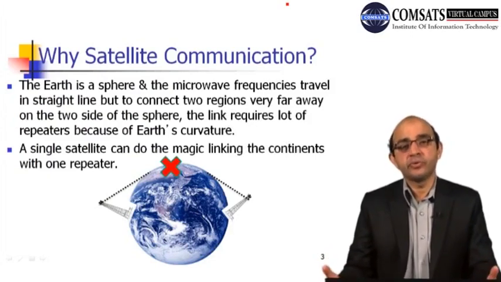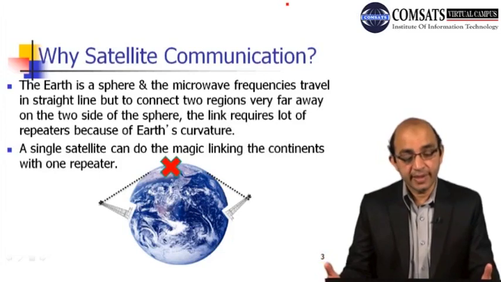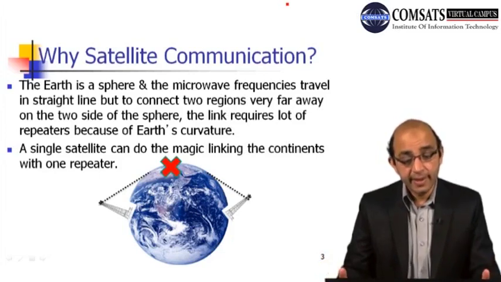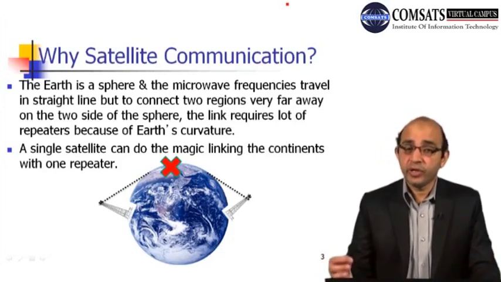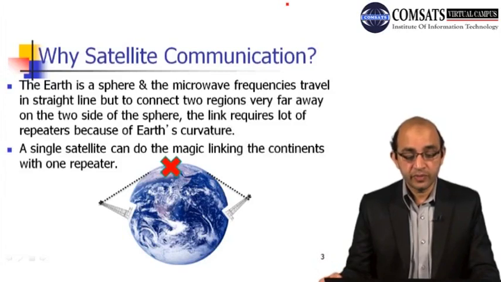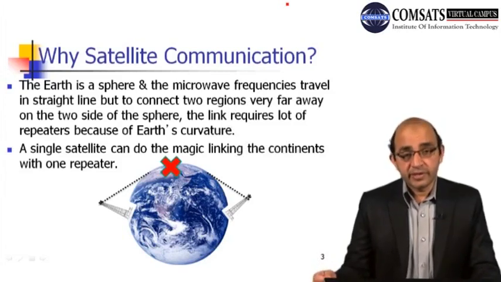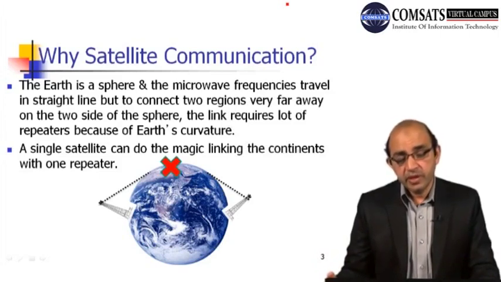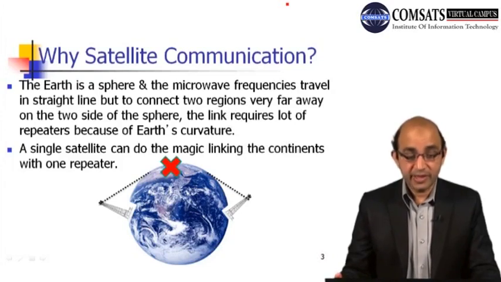As we know that the shape of the earth is spherical, right? And we also know that we are going to use microwave frequencies in order to have long distance communication, right? Microwaves travel in a straight line.